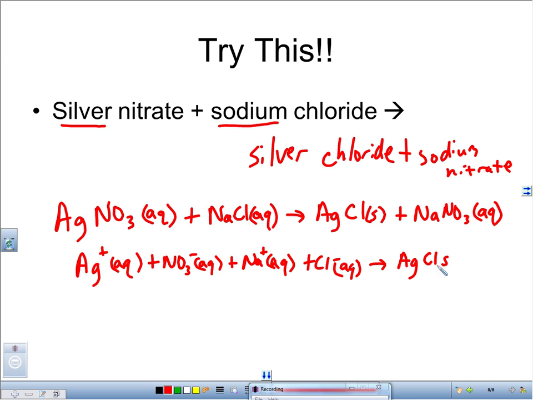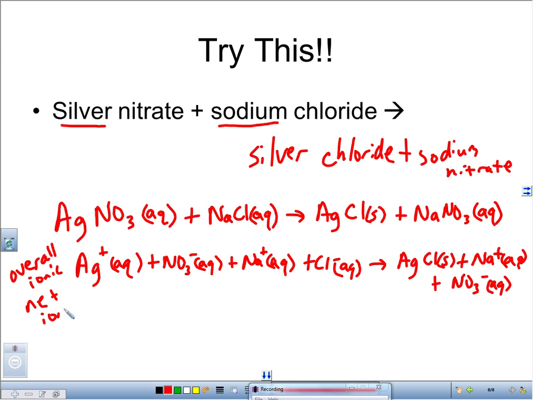Because it's a solid, it doesn't break apart like everything that's aqueous. Plus Na+ (aq), and then I ran out of room, so plus NO3- (aq). So that is called my overall ionic equation. From that, I can make my net ionic equation.